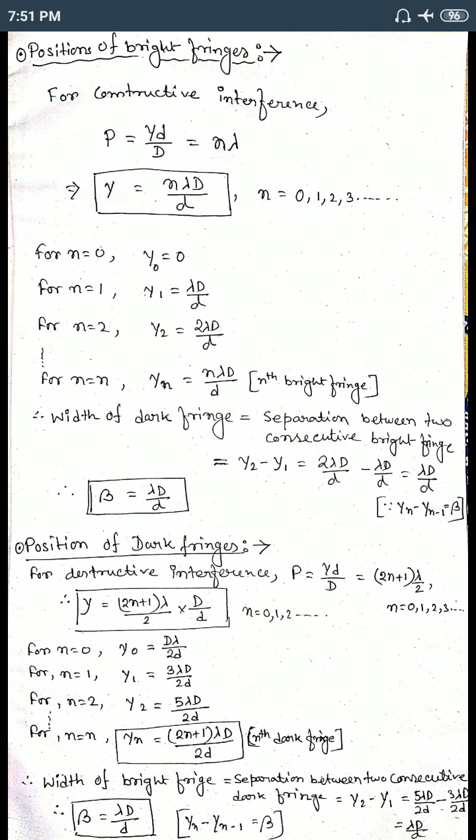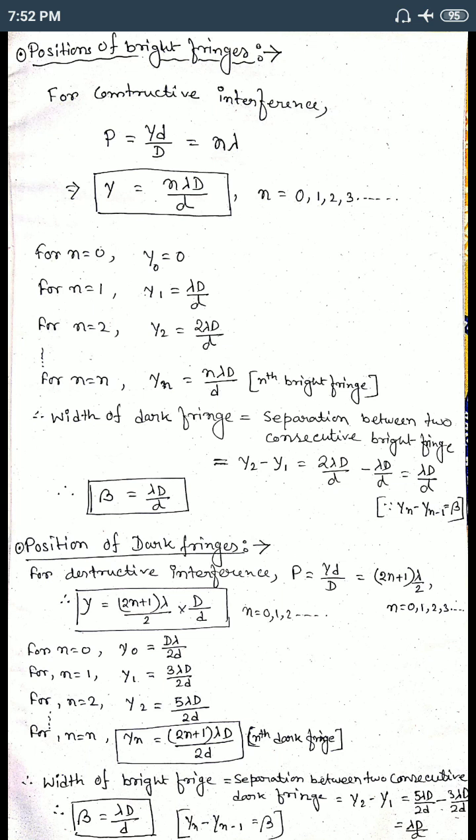That means if we want to find the dark fringe in between n1 and n2, we subtract these two values, and we get the width of the dark fringe. So the separation between two consecutive bright fringes gives us the width of the dark fringe, that is y2 minus y1.